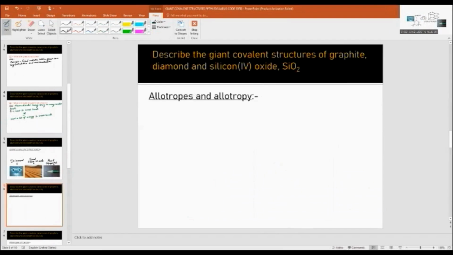Now let's talk about allotropes and allotropy. Allotropes of carbon are examples of giant covalent structures.